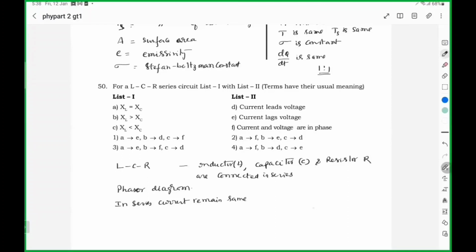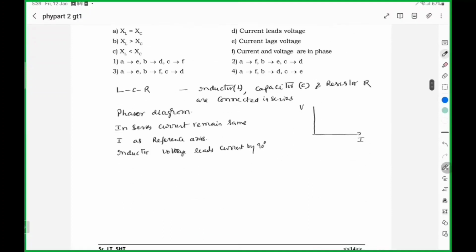So what we do is we draw phasor diagram, voltage versus current. So here I as reference axis, in case of inductor, voltage leads current by 90 degrees.